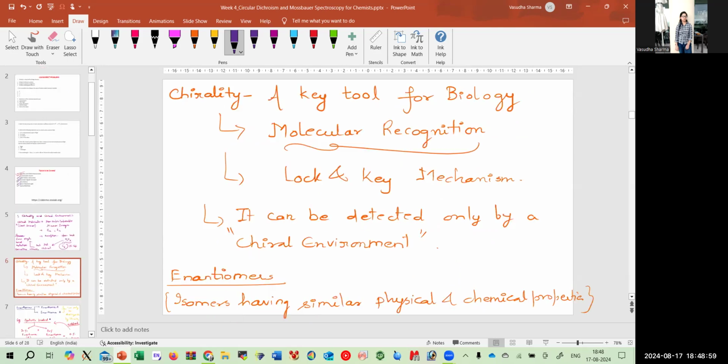Followed by, we were talking about chirality, which is a key tool for biological systems. It helps in molecular recognition, as it follows a lock and key mechanism. It can be detected only by a chiral environment. From chirality, we get enantiomers. Enantiomers have similar physical and chemical properties.